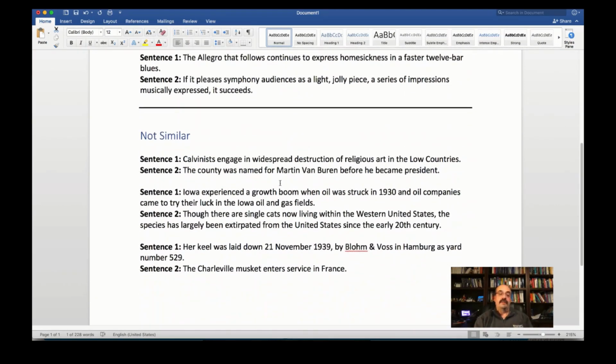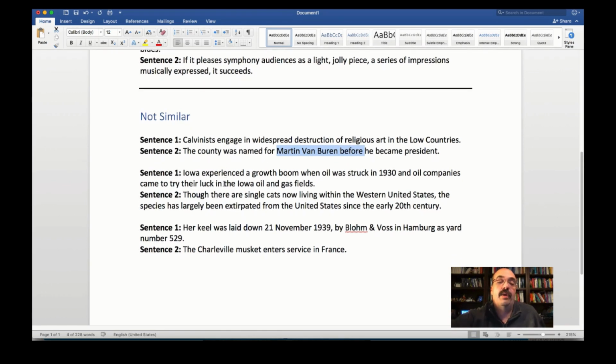Now, not similar, just to give you a few examples: Calvinists engage in widespread destruction of religious art in Low Countries. It's probably talking about Europe. For Martin Van Buren before he became president. County, countries, not really related. A U.S. president. So these two are not related. Iowa experienced a growth boom when oil struck in 1930.